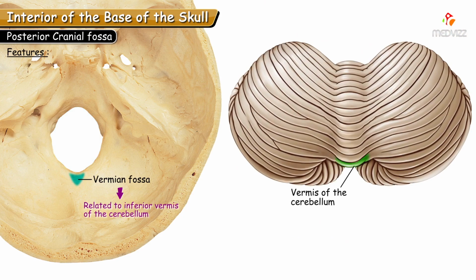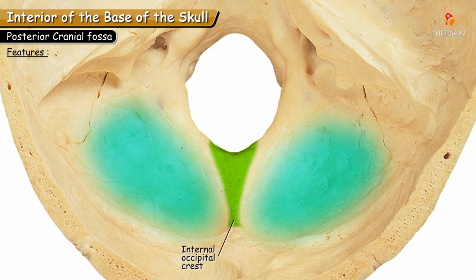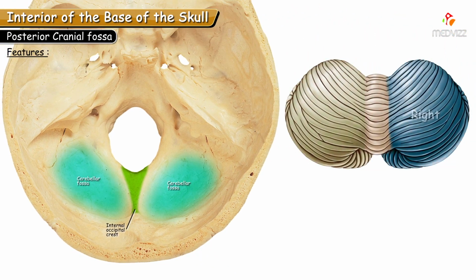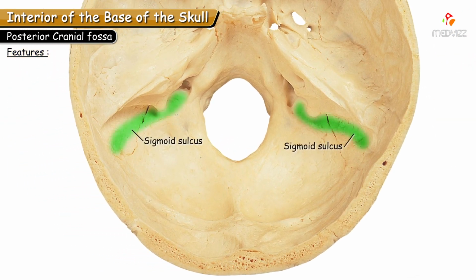So vermis is a connection between the two cerebellar hemispheres. So the lower part of the vermis is related to vermian fossa. And on each side of internal occipital crest, there are shallow depressions called as cerebellar fossa, which lodges right and left cerebellar hemispheres.